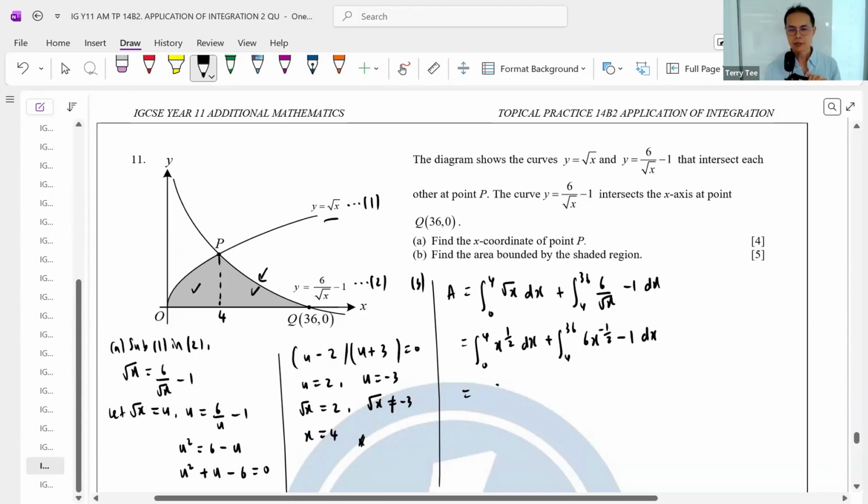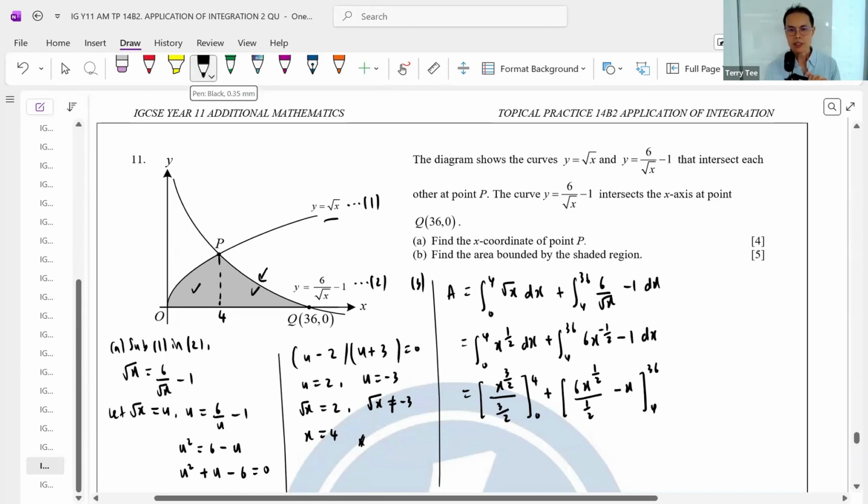So when I integrate, I copy x, increase the power by 1, half plus 1 is 3 over 2, divide by 3 over 2. Lower limit 0, upper limit 4. Second one, copy 6, copy x, increase the power by 1, negative half plus 1 is half, divide by half, this is x, lower limit 4, upper limit 36.